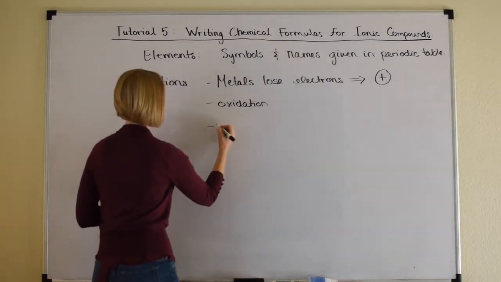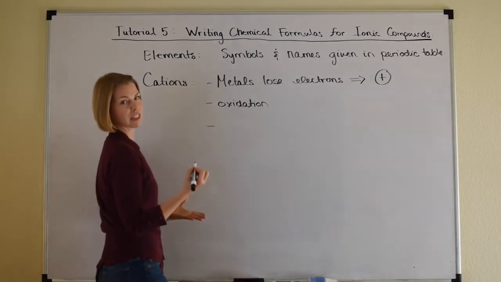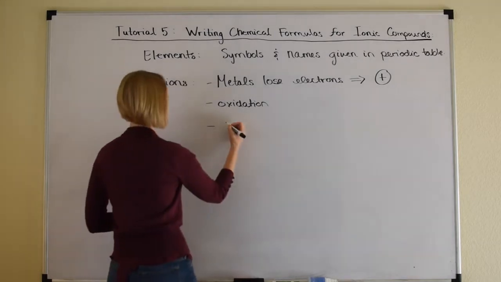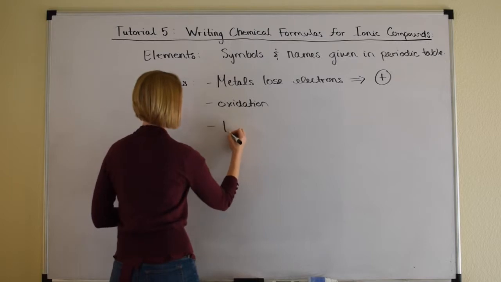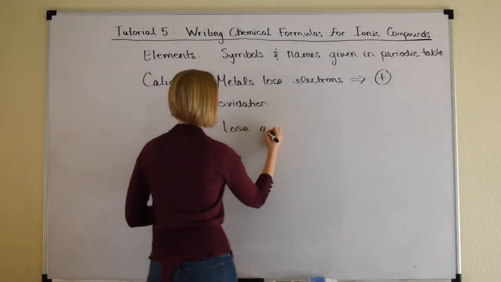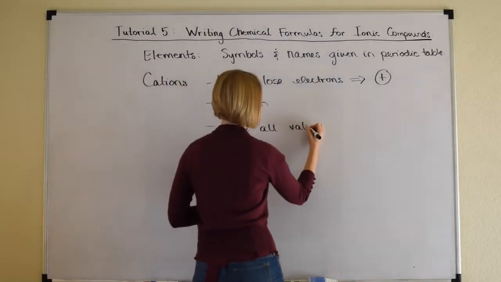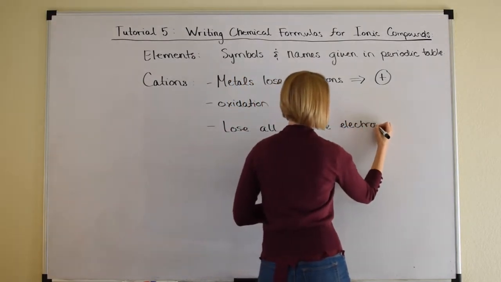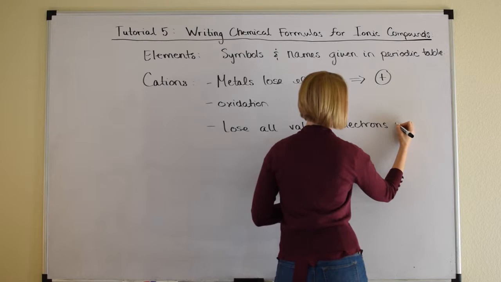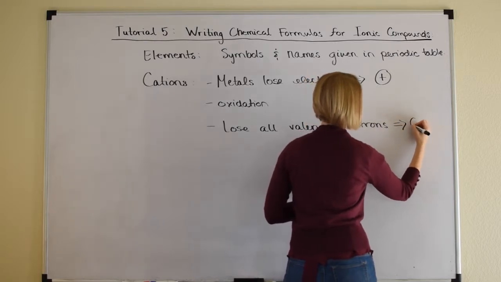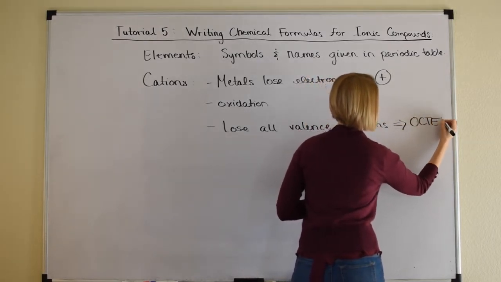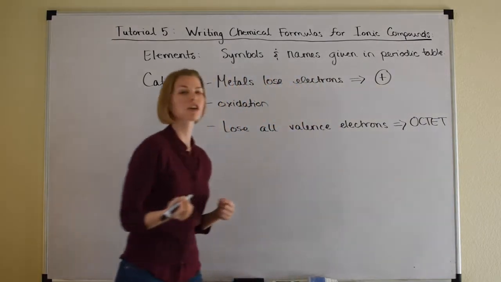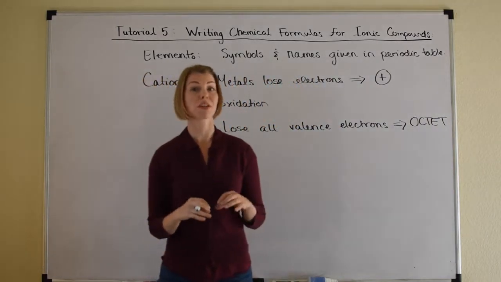That's what all these metals are trying to do: lose all their valence electrons and achieve an octet. So let's write that here. Lose all valence electrons and therefore achieve, with a little arrow here, an octet, that stable electron configuration of a noble gas.